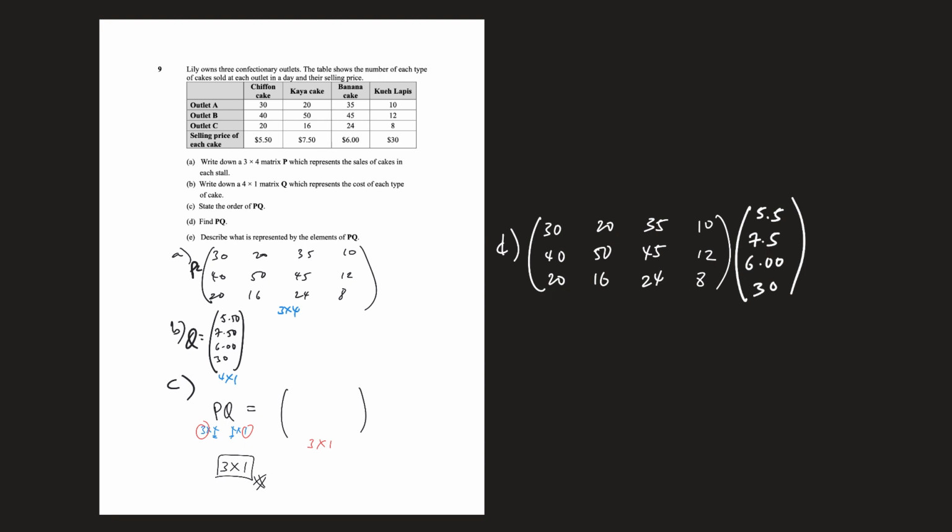And we've already established that this result is going to be a 3 by 1 matrix, so 3 rows and just 1 column.